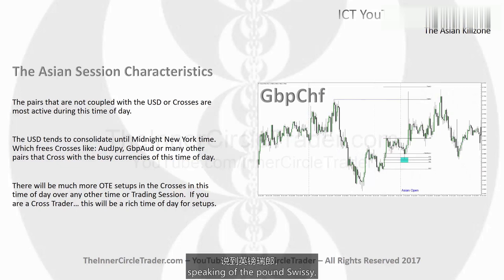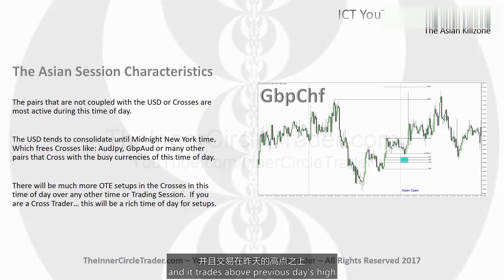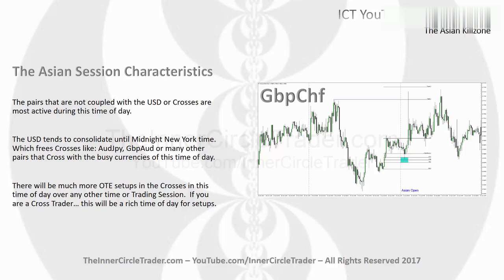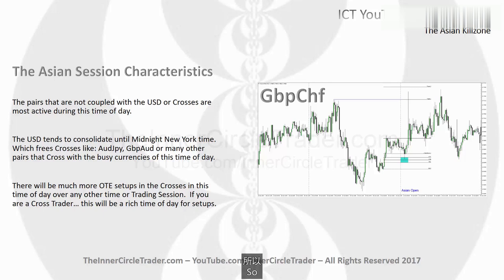Okay, speaking of the pound Swissy, you can see this one here gives a beautiful example of a bullish optimal trade entry, and it trades above previous day's high, and it reaches up into a target 1 on the Fibonacci. So we're seeing these trades form prior to London's volatility, and we're also seeing it outside the scope of New York.